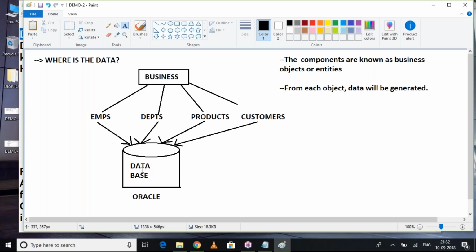Suppose one employee is not interested in my business, or one customer is not interested in my business, at any time they can leave. Means a customer gone from the business, an employee gone from the business, the corresponding object information is deleted from database.